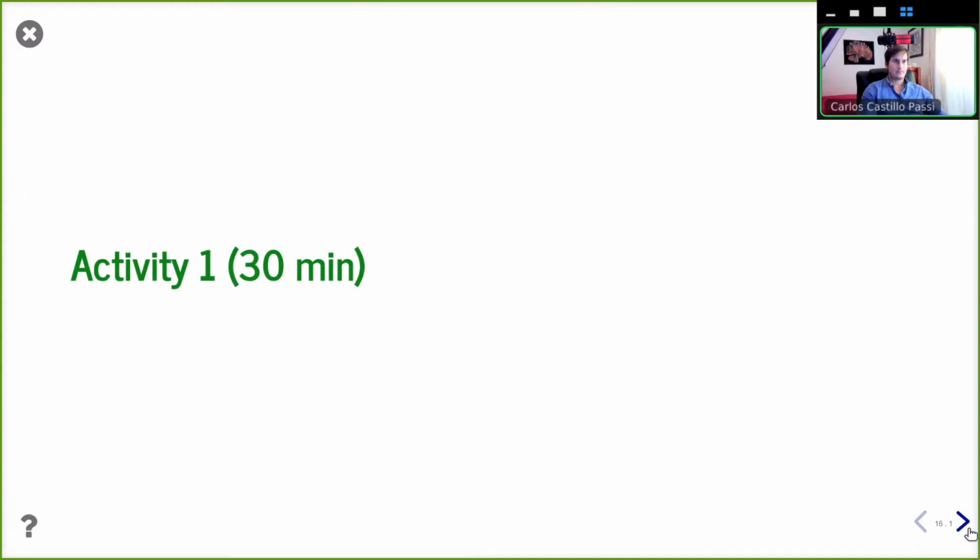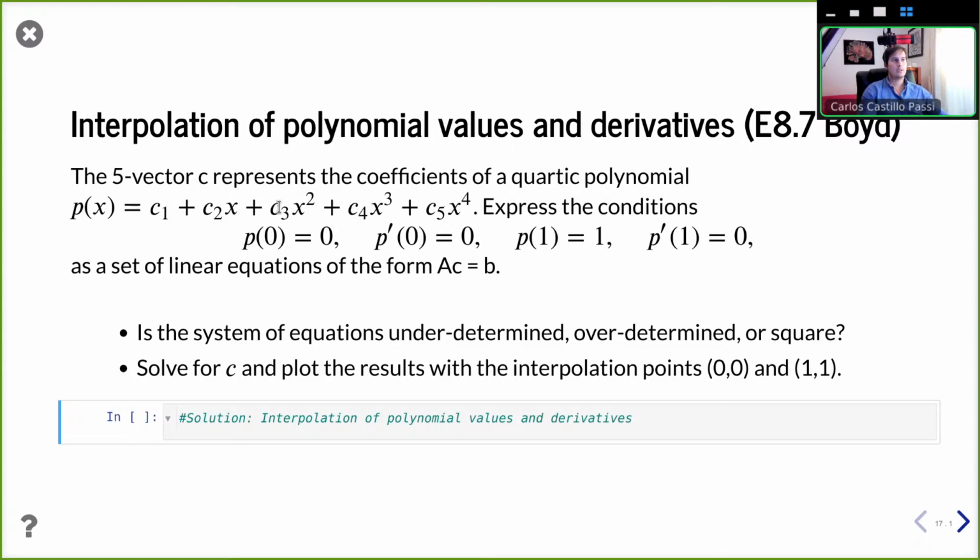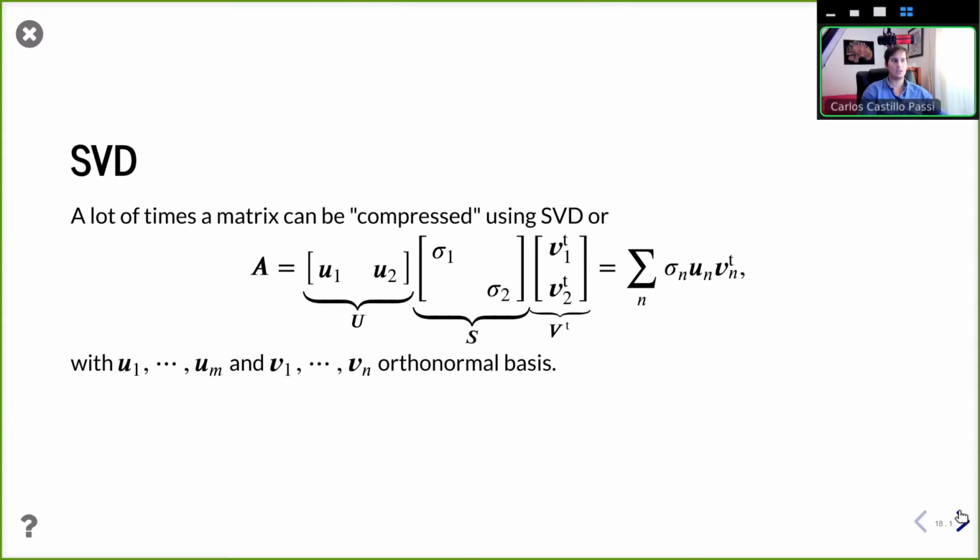Okay. So we have an activity, but I'm not sure if we have time. It's very similar to the one in the homework. So I'll just skip it and talk a little bit about the SVD algorithm. Some of you could probably have heard of principal component analysis, PCA.